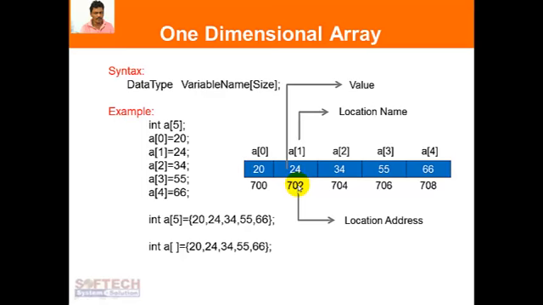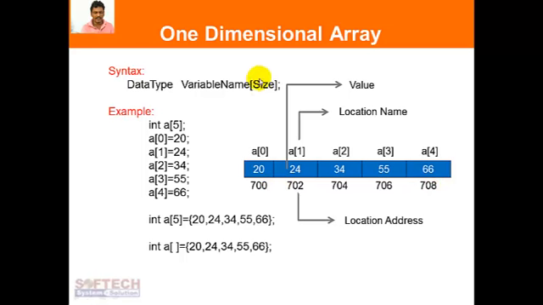If we want to find the last location, the total size is 5, so that is the fourth location. If you want to find the address of the fourth location, suppose you know the first address 700, we simply add 4 locations, and each location has 2 bytes. So 4 into 2, 8 bytes. We simply add 700 plus 8, 708.